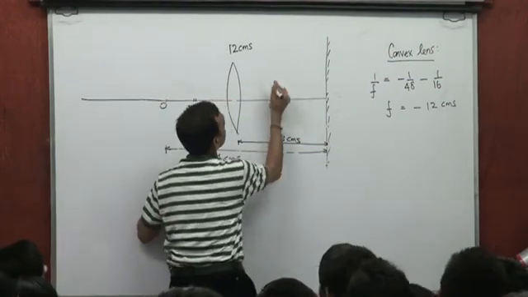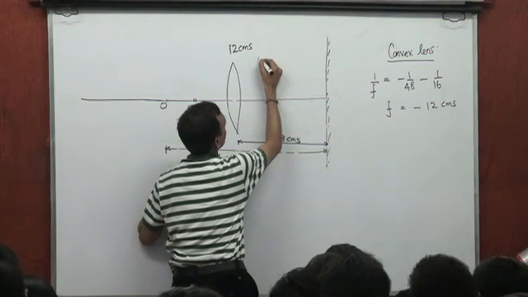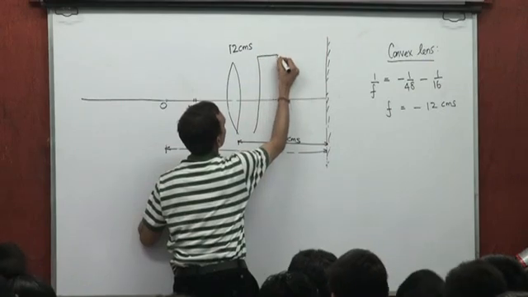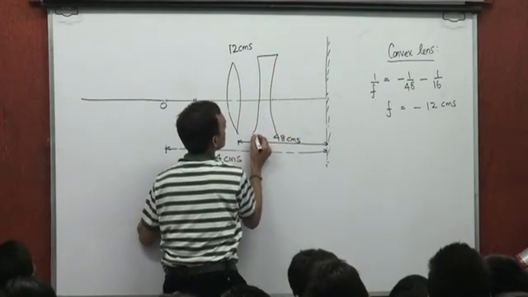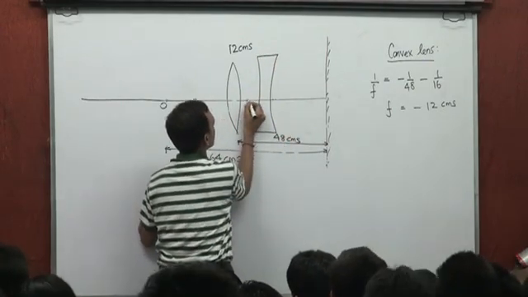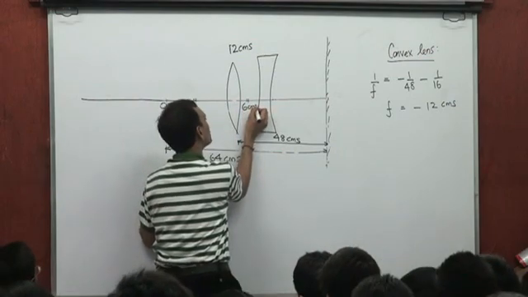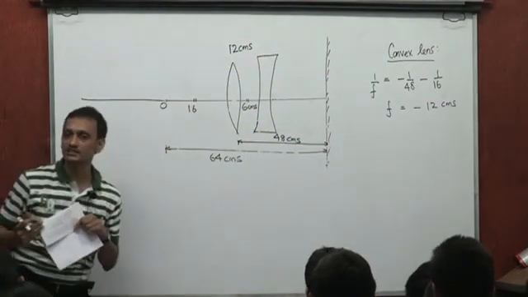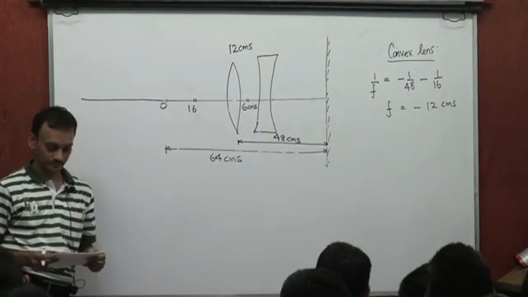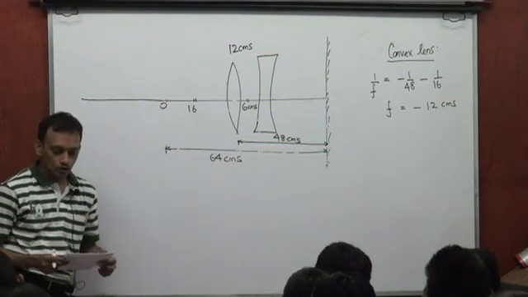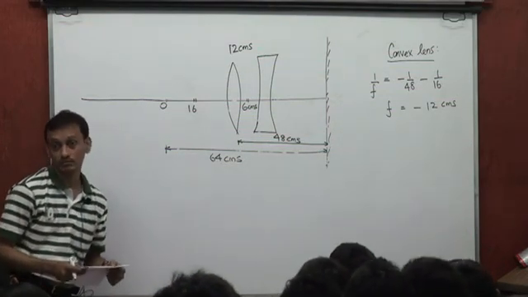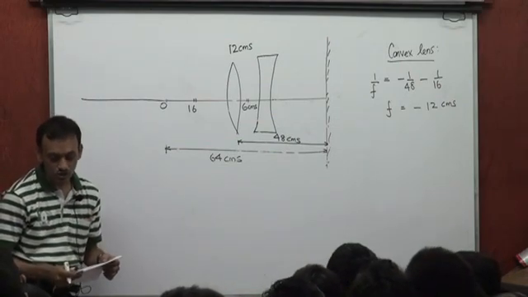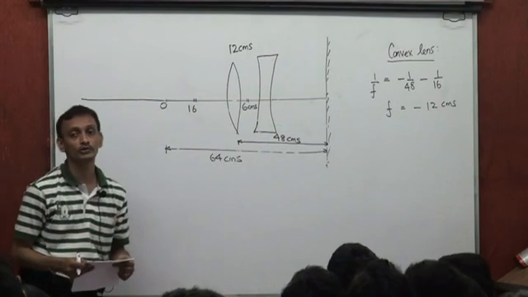Means right here, six centimeters from the convex lens, a concave lens is introduced. To focus the image again on the screen, the object has to be moved away from the convex lens through a distance of 15.2 centimeters.